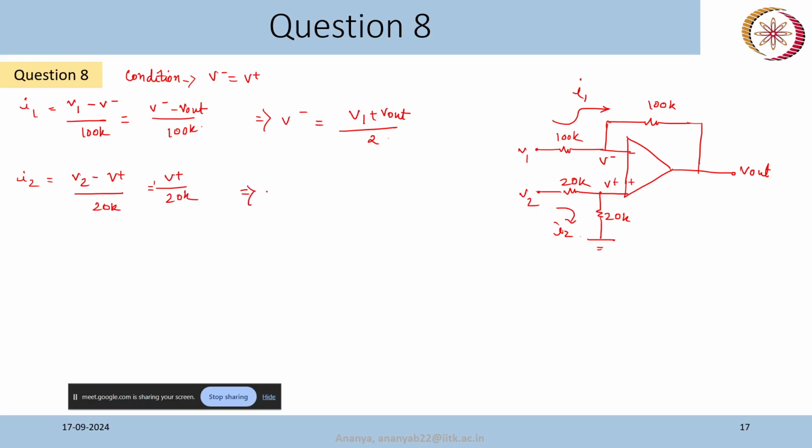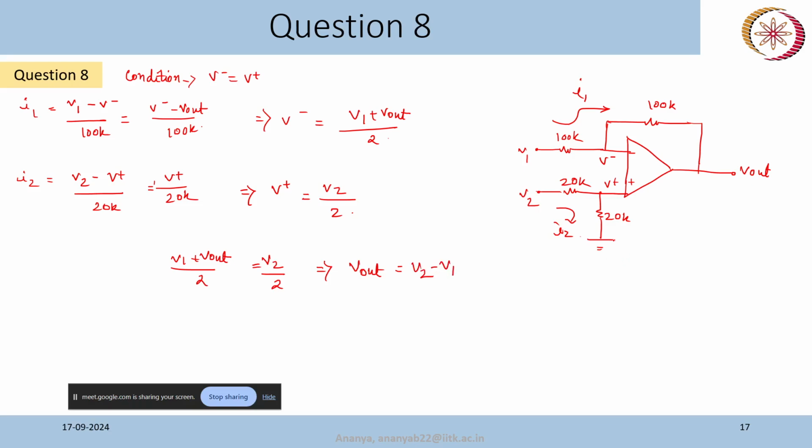So V plus is equal to V2 by 2. Now these two are same, so we can say that V1 plus V out by 2 is equal to V2 by 2. So V out is equal to V2 minus V1.